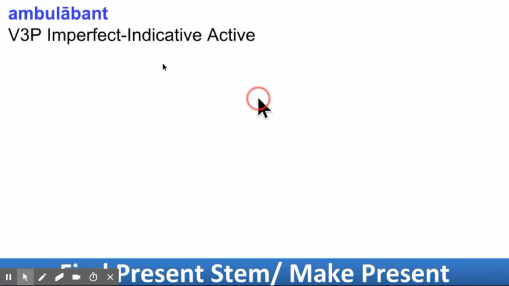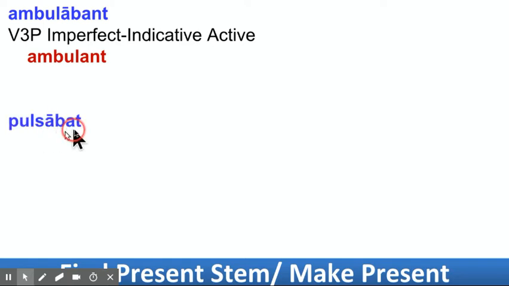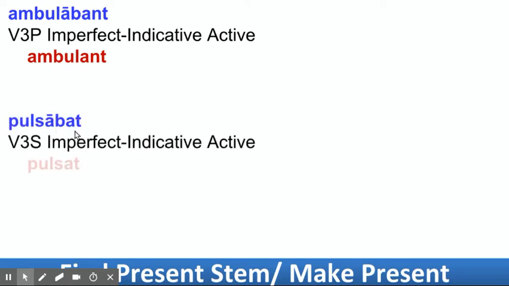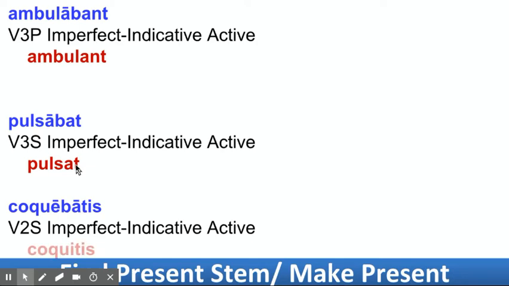Ambulabant. You look it up in the glossary, it's third plural from ambulant. They not walk, but they were walking. Pulsabat, third person singular imperfect, from pulsat, he was punching. Coquebatis, second plural, from coquitis, you were cooking.